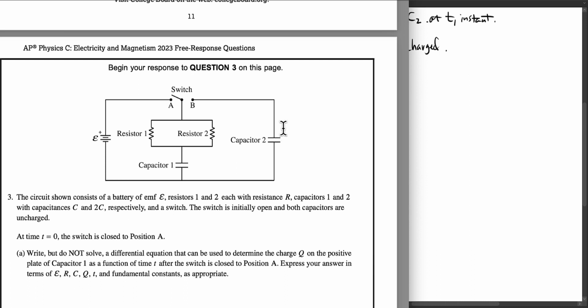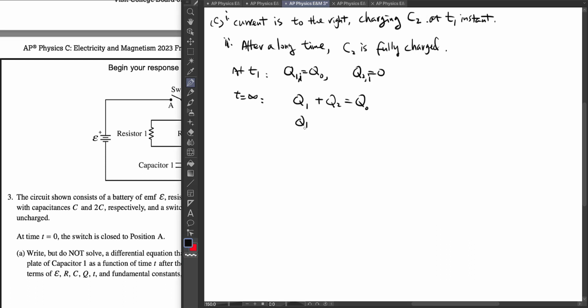Okay, so the potential difference across the two capacitors will be the same, meaning Q1 over C1 equals Q2 over C2. And we do know that C1 is C and C2 is 2C, right? So that means Q1 is Q2 over 2. Q1 is half Q2.